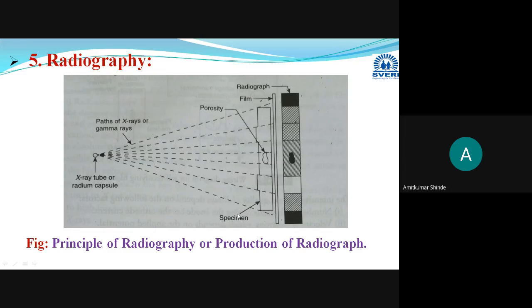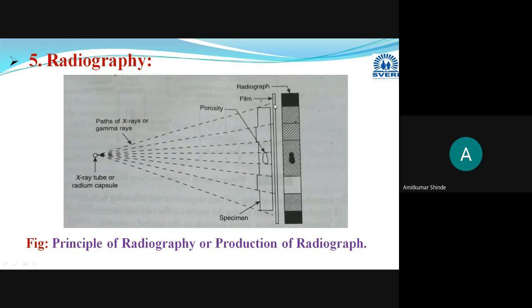These waves will be allowed to pass through that material. They will penetrate it due to their shorter wavelength. During this penetration, the material will absorb some amount of the waves which are passing, whether X-rays or gamma rays. On the opposite side, one film will be placed, and on that film the pattern of all the waves will be collected.